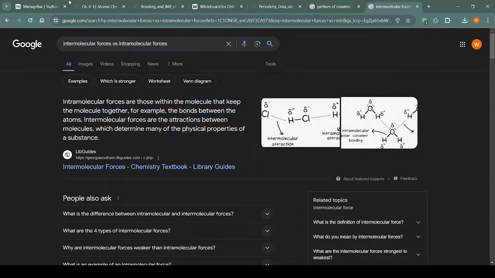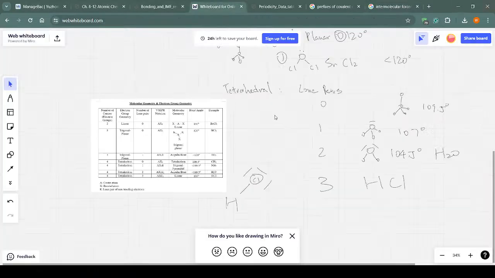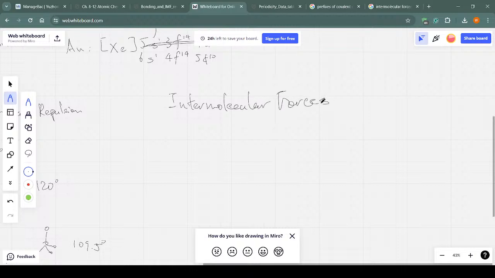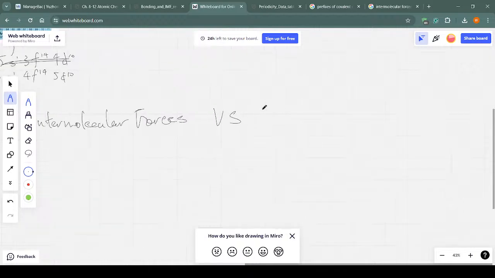Intermolecular. Okay. Right. So, intermolecular forces versus intramolecular forces.